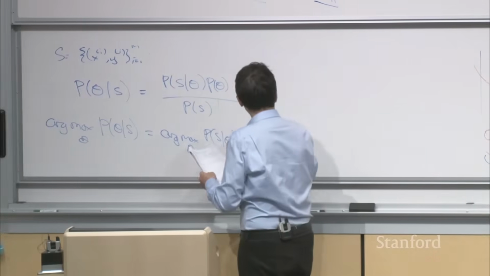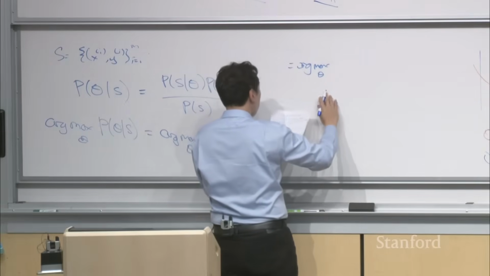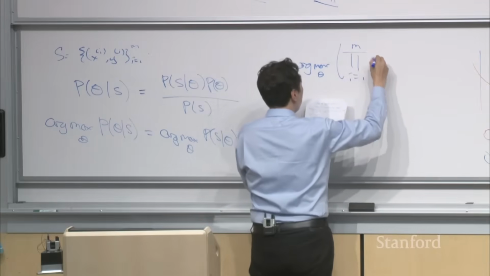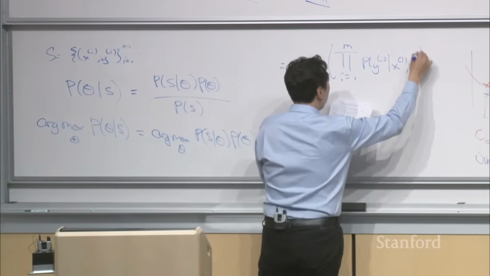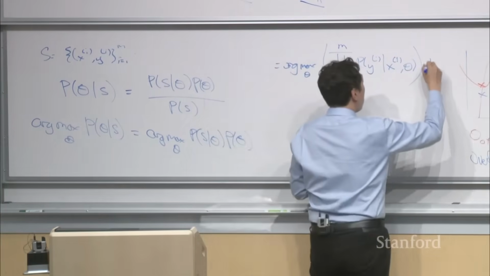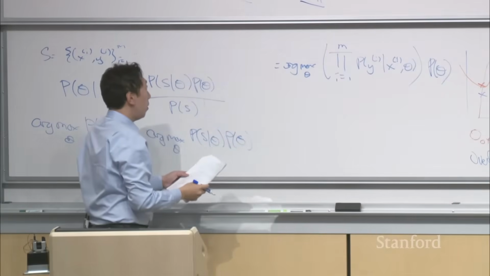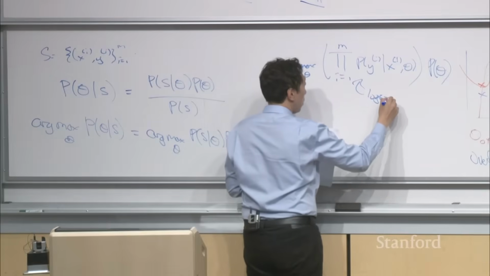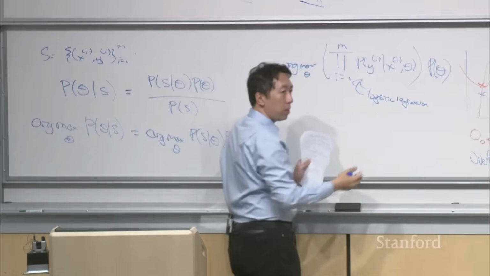If you're using logistic regression, then the first term is this, and the second term is P of theta, where this is the logistic regression model, say, or any generalized linear model.